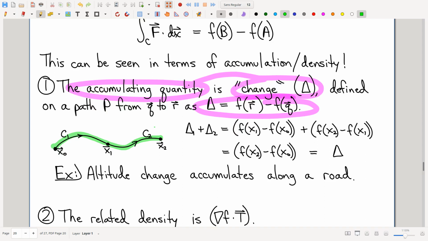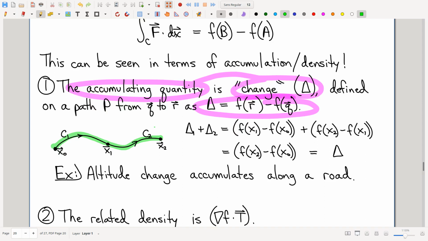And if I know how much my altitude increases between these 2 points, and if I know how much my altitude increases between these 2 points, if I add those up, I get the altitude increase, the altitude change over the whole. So, again, quite literally, the whole is the sum of the parts. And so change, defined like so, again, is an accumulating quantity. It accumulates over curves.